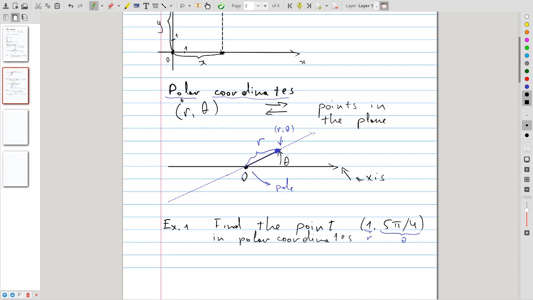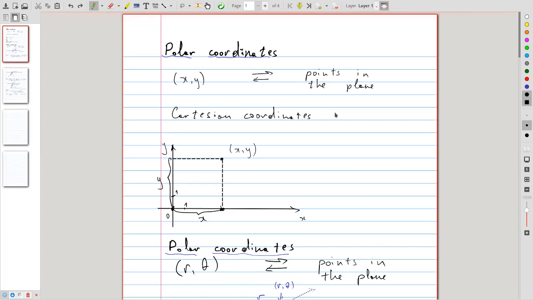So using this pair of numbers, you can equally well represent any point in the plane like so. And so this is an alternative system of coordinates that in many circumstances comes useful and will be even more convenient than the Cartesian coordinates.